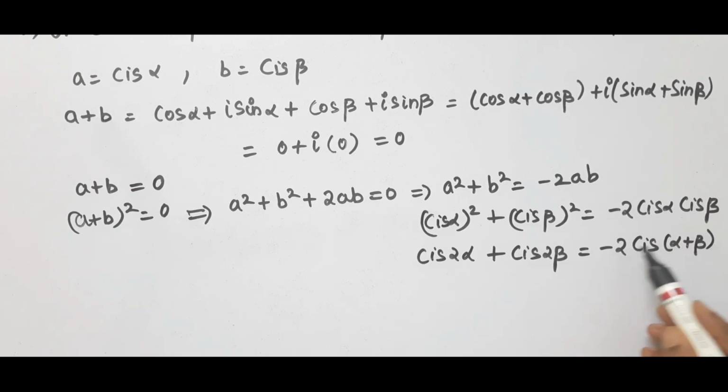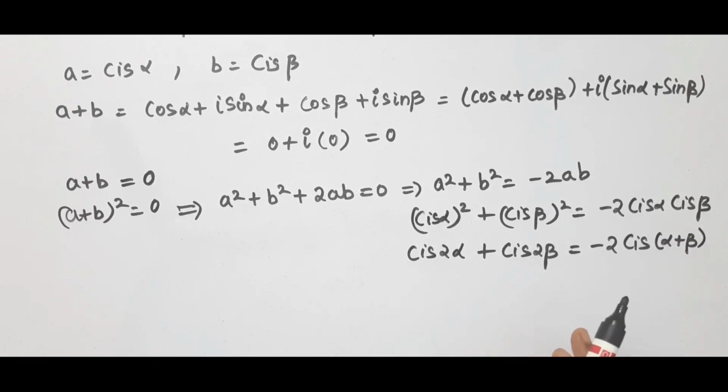As we studied in the previous video, the product of cis alpha and cis beta will be cis of alpha plus beta. We just have to add the angles. Okay. Each and every step, the shortcut methods and how to apply De Moivre's theorem, I have already explained in the previous video.